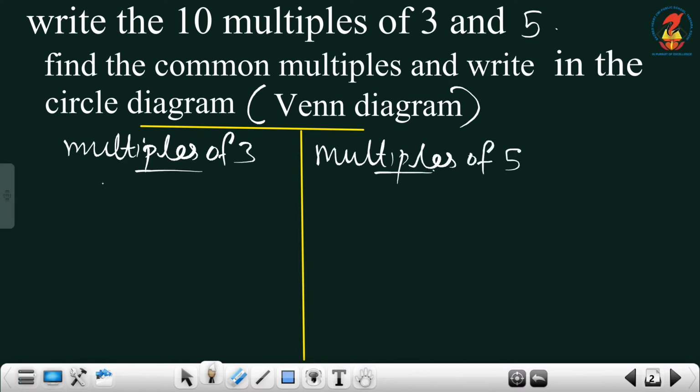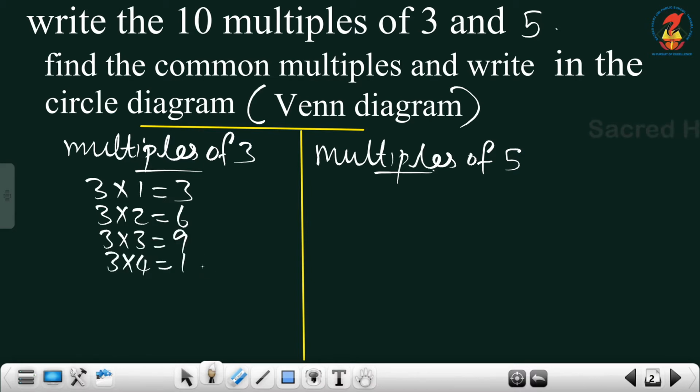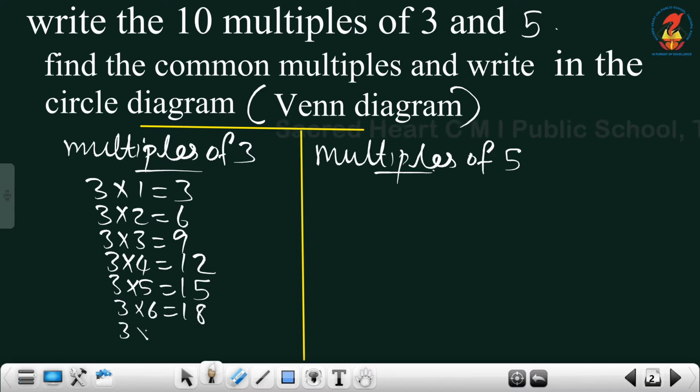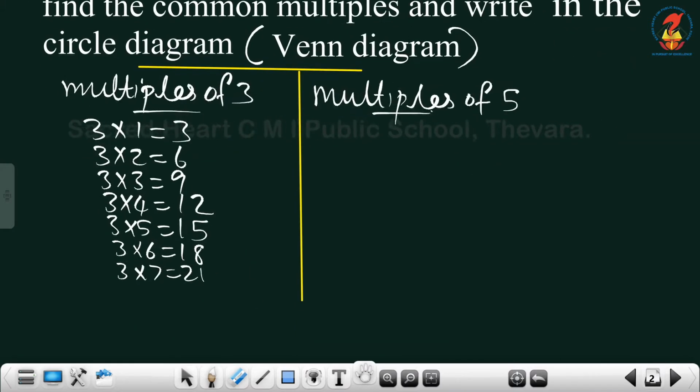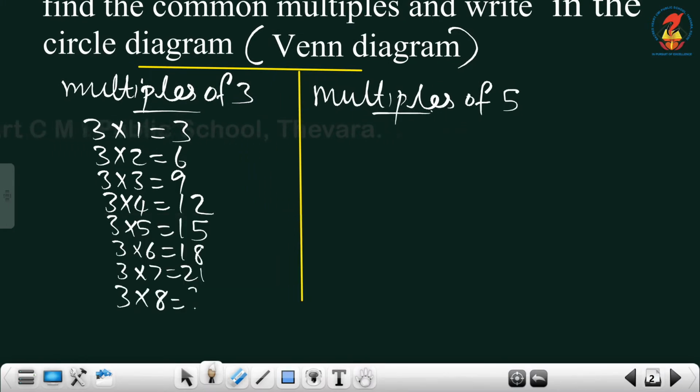First multiple of 3 is 3 ones are 3, 3 twos are 6, 3 threes are 9, 3 fours are 12, 3 fives are 15, 3 sixes are 18, and 3 sevens are 21, and 3 eights are 24, 3 nines are 27, 3 tens are 30.